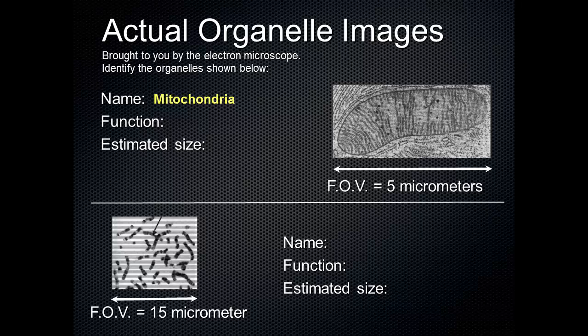And what does it do? You eat a bunch of jelly beans, it will give you a bunch of sugar that you can use to get energy. The mitochondria makes energy for the cell, releases energy for the cell. In this diagram, it's about 5 micrometers long. They can vary in size. 5 what?